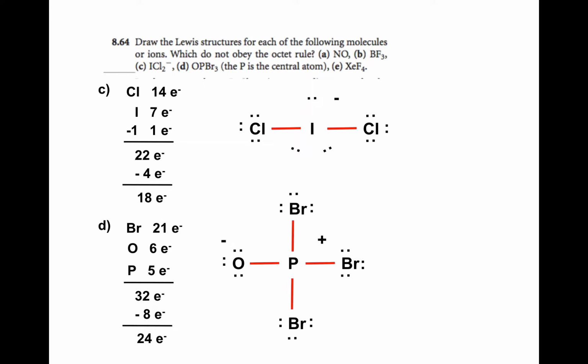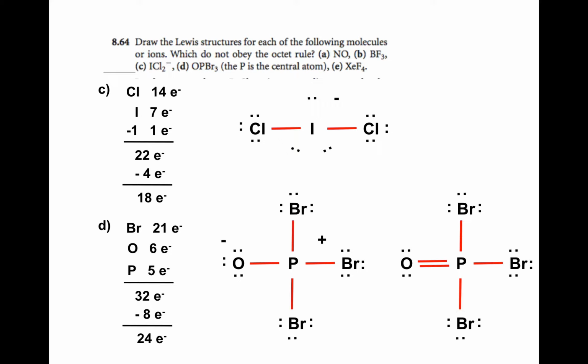Doing this OPBr3 molecule. Oops, let me go back one. We put the electrons in. We have a formal charge of +1 on the oxygen and a +1 formal charge on the phosphorus. This is perfectly acceptable, but sometimes what happens with these is that a central phosphorus can break the octet rule by having more electrons around it.